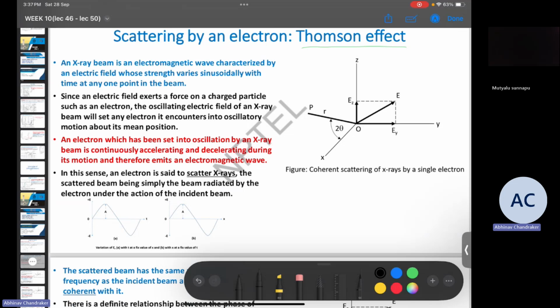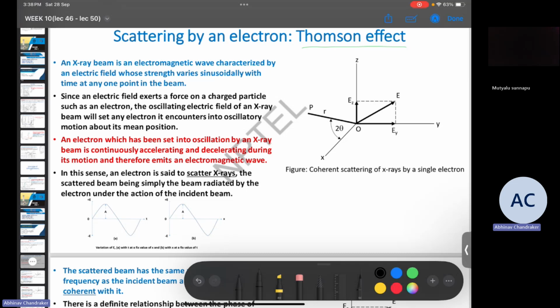Since we know that any electromagnetic radiation has an electric field and magnetic field associated with it, in case radiation is falling on an atom, it will interact with the charged particles, for example the electrons, which are negatively charged in the atom.